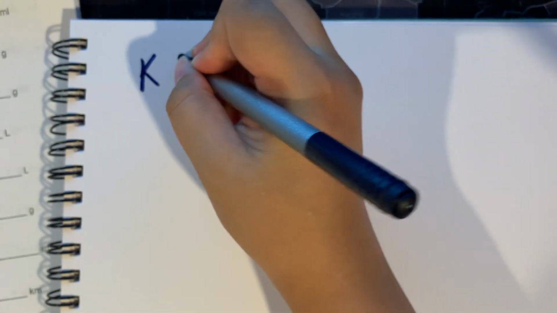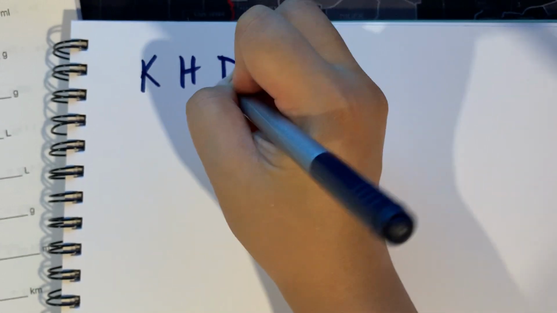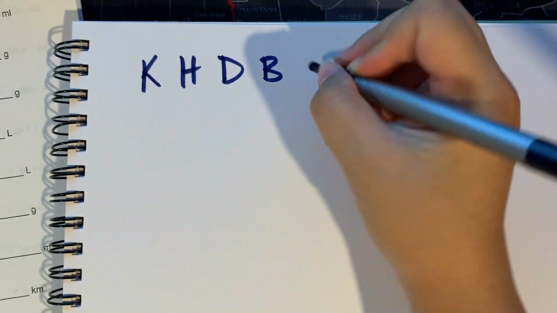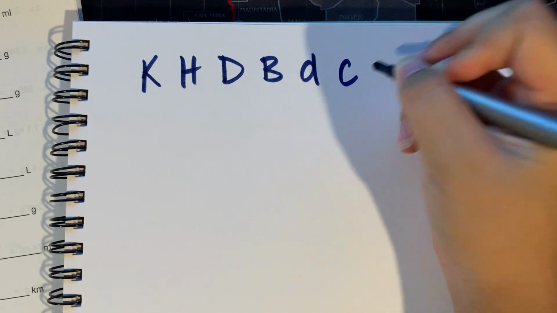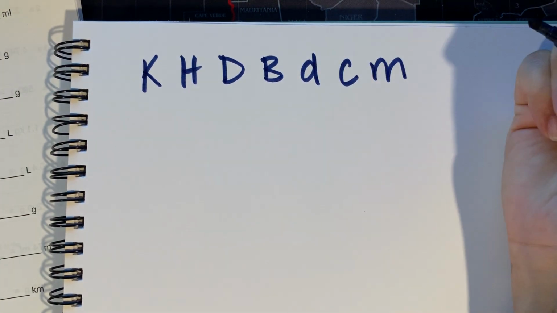The easiest way for you to remember conversions: King Henry died by drinking chocolate milk.